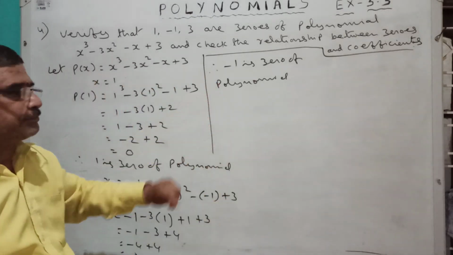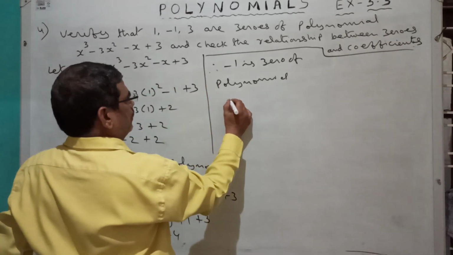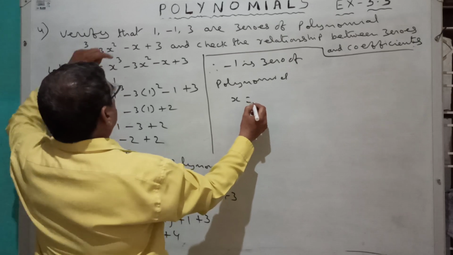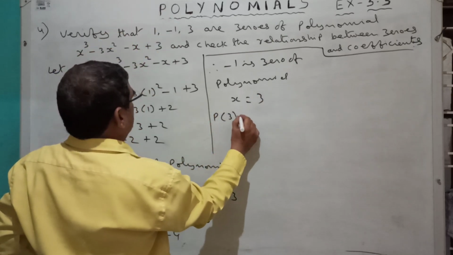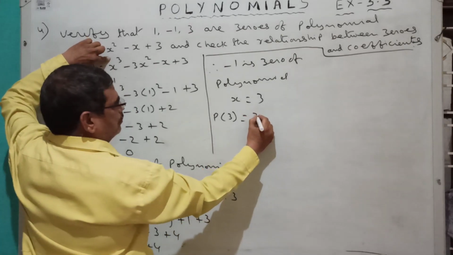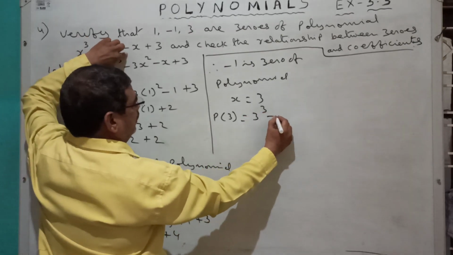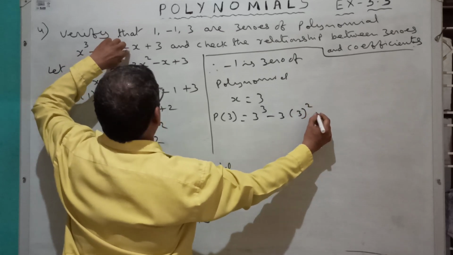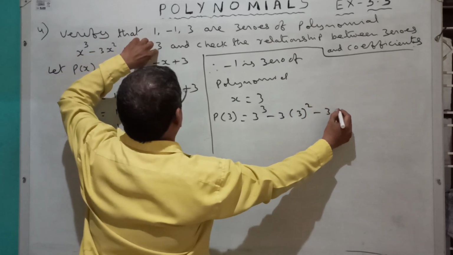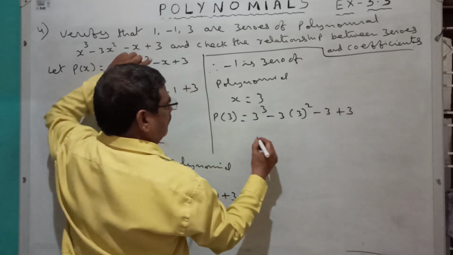So next, x is equal to 3. P of 3 is equal to 3 cube minus 3 into 3 square minus 3 plus 3.